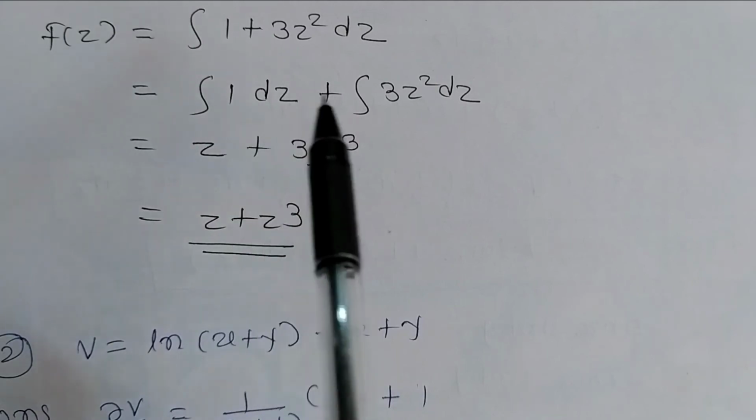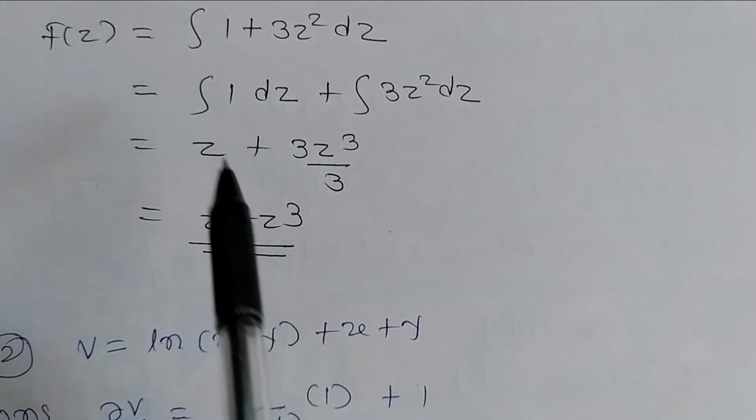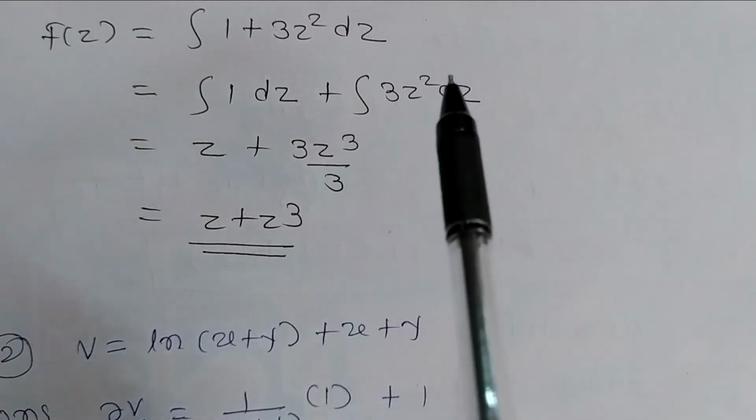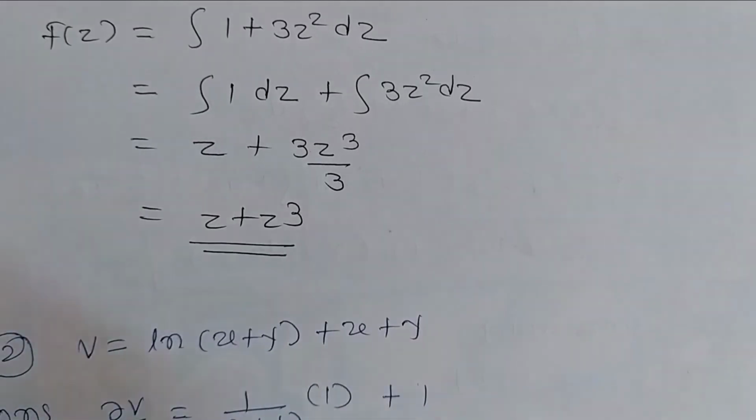So the integration of 1 dz plus the integration of 3z² dz is z plus 3z³/3, that is z plus z³.